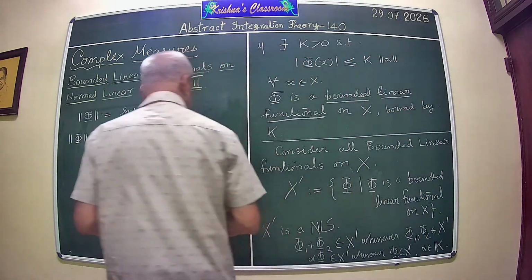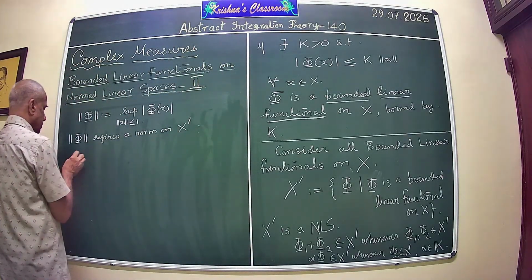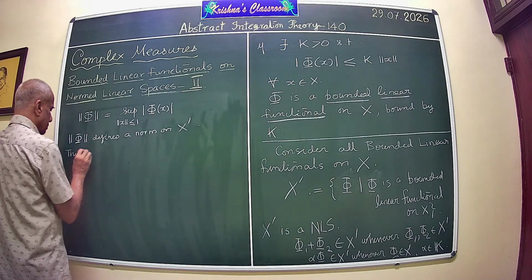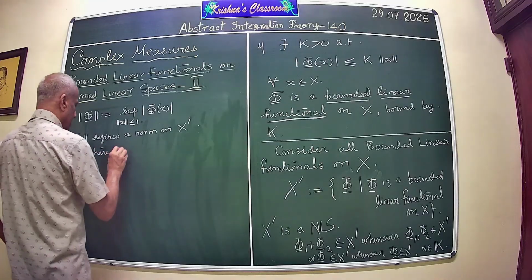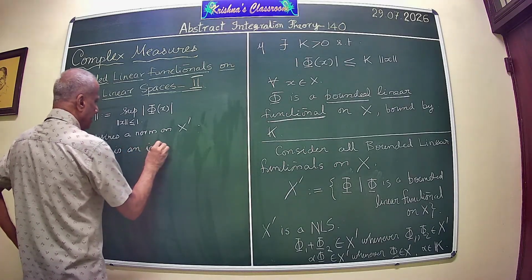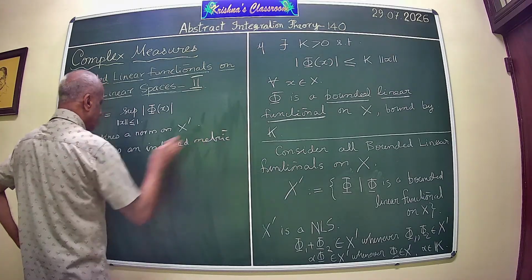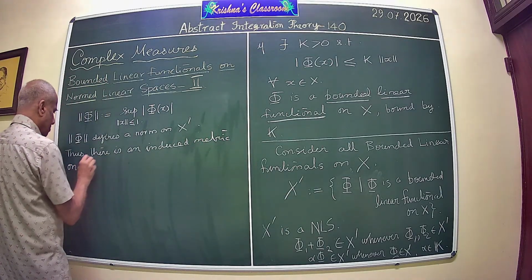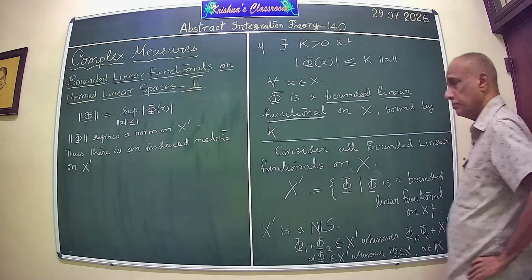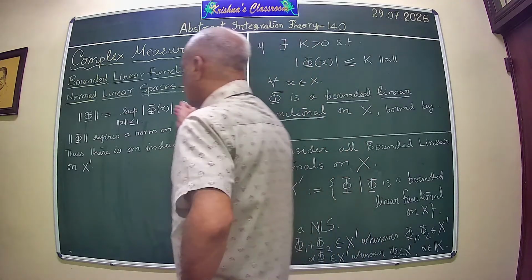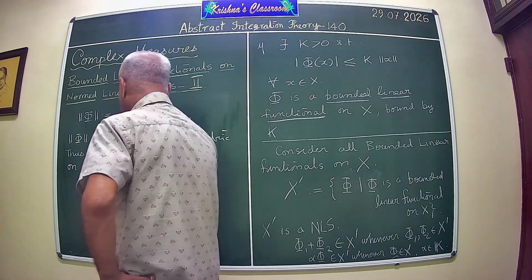Both X and X prime are normed spaces, there is an induced metric on X prime. There is an induced metric on X prime. So this is the, and X prime is a normed space.